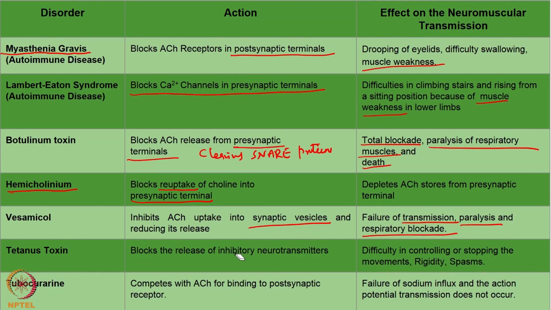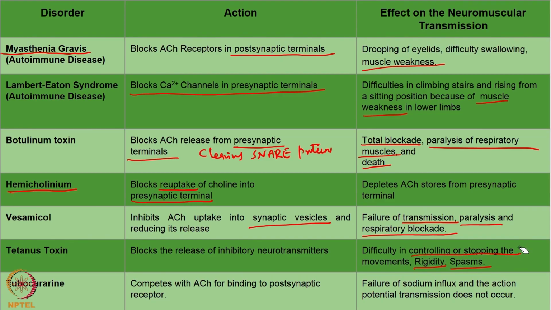The effect of acetylcholine is excitatory on the postsynaptic terminal, on the muscle, until a hyperpolarization or an inhibitory neurotransmitter, basically GABA or others, arrives, and there will be some activity in the muscle. Tetanospasmin blocks the release of these inhibitory neurotransmitters, leading to spasm, unwanted movements, rigidity, and difficulty in stopping the movements.